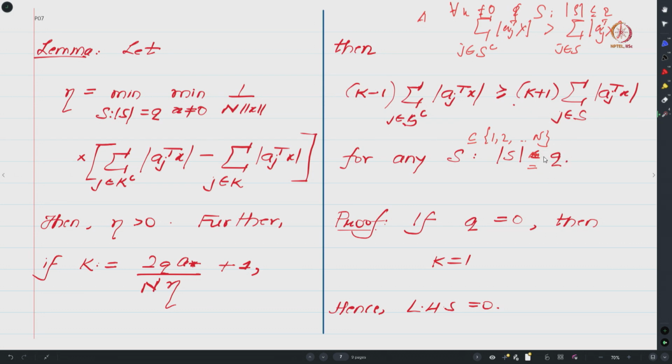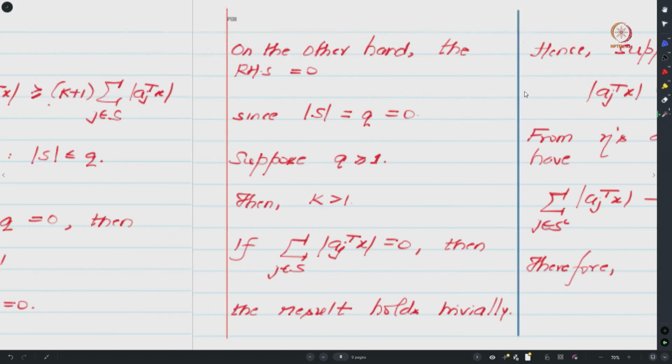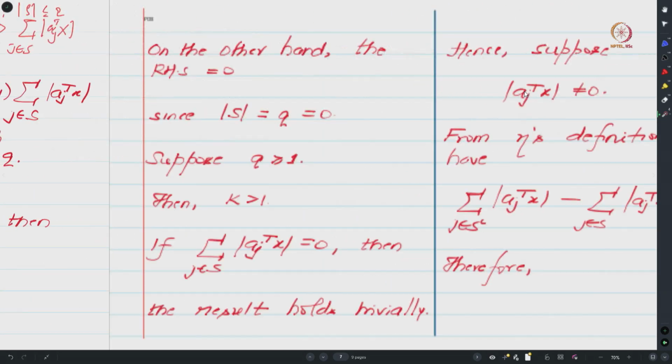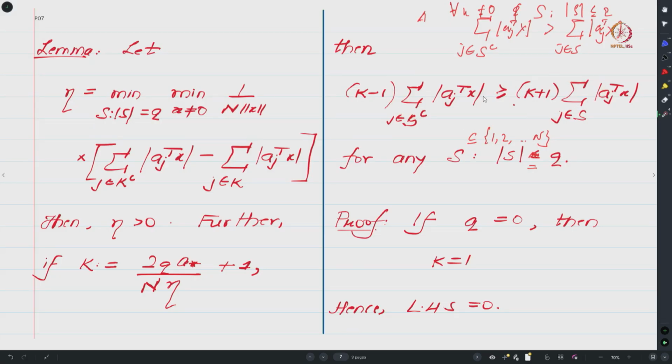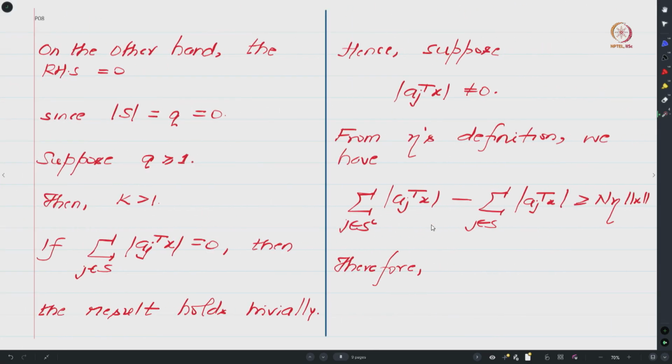Because q is 0, whatever S you pick, this will be an empty set, and because this is an empty set, the right hand side will also be 0, and hence one can conclude that this inequality holds for the case where q is 0. So it only remains to see what happens when q is bigger than or equal to 1.